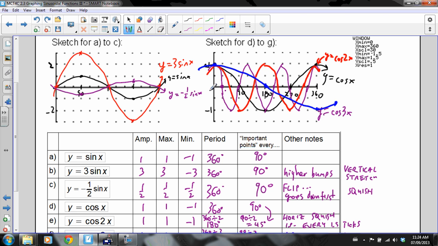Well, 90 degrees is 3 ticks, so half of that's 45. 1.5 ticks, every 1.5 ticks. So my graph is a little bit off. I should have an important point right there, and then another important point there, another important point every 1.5 ticks. And I can see there that red graph starts repeating itself every 180.